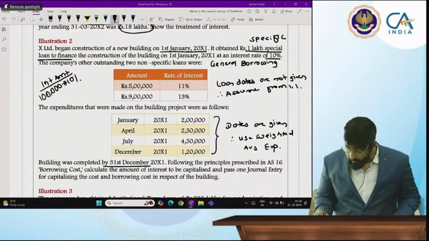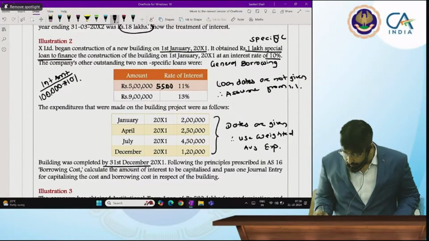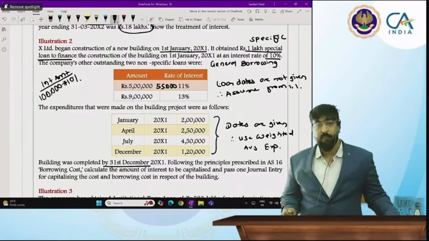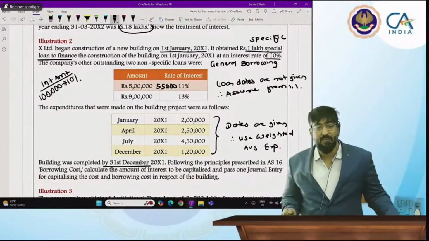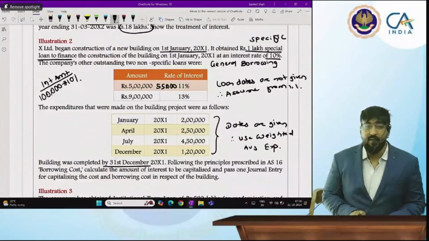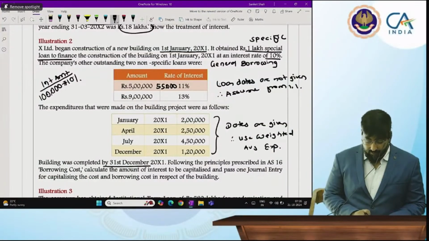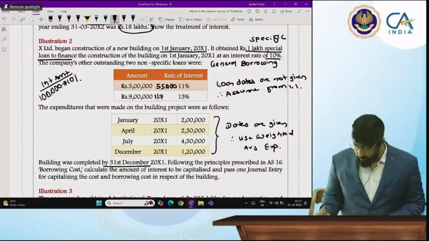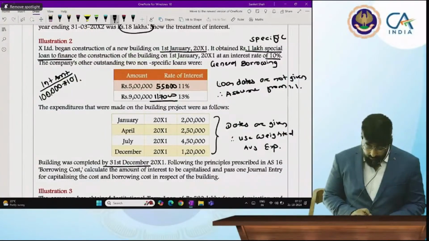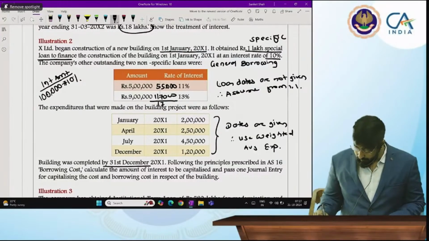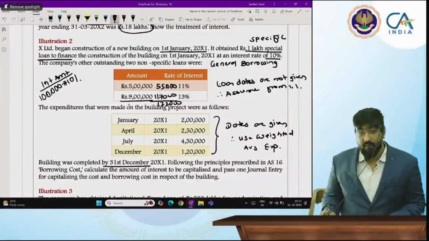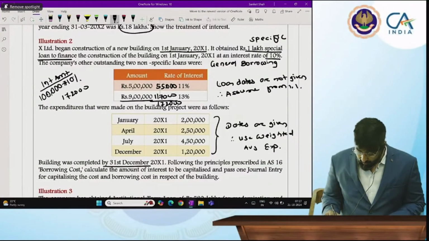Now 5 lakh at 11% means 55,000 I am paying as interest. Why are you using the calculator for this, beta? 9 lakh into 13%, 1 lakh 17,000. 1 lakh 17,000 plus 55,000. What is the amount? 1 lakh 72,000.